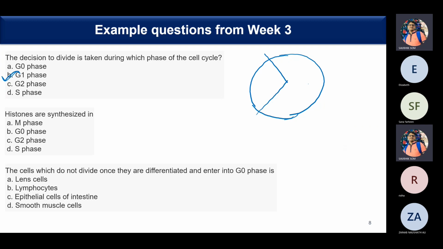The biggest phase, the preparation phase, is G1. Then there will be the synthesis phase or S phase. Then there will be G2. Actually, my drawing is not correct. Mitosis will be the smallest portion, and G2 will be the bigger portion.